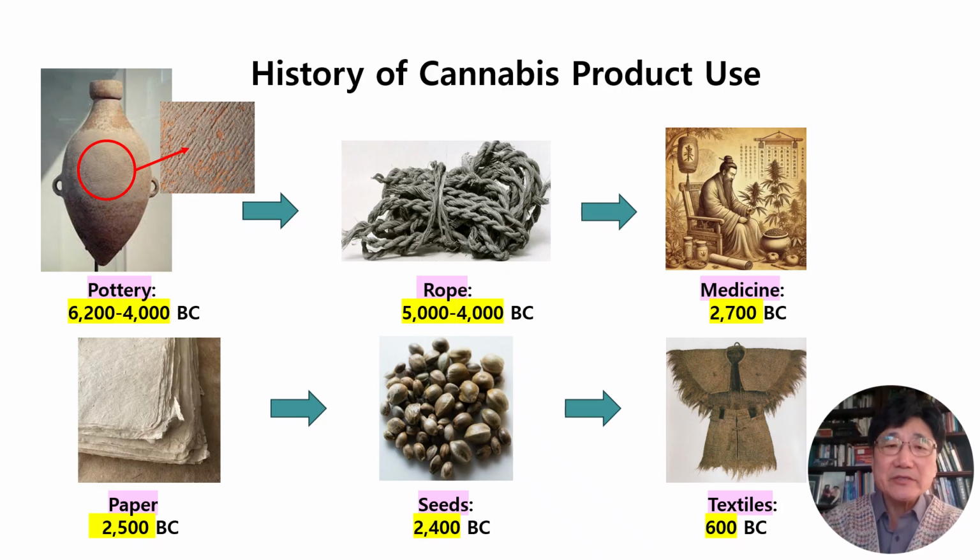Cannabis resin was used as a herbal remedy as early as 2,700 BC in China. Seeds were used as food in 2,400 BC. Hemp clothing has been used around 600 BC.